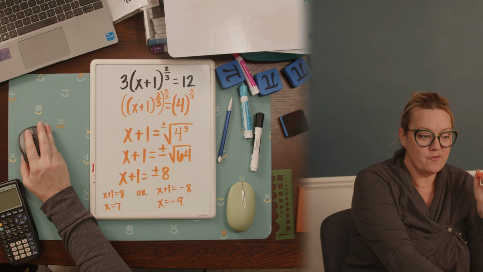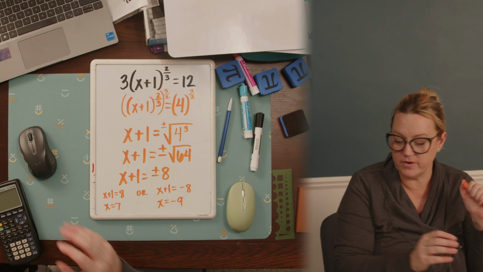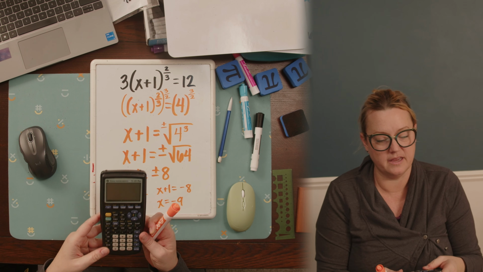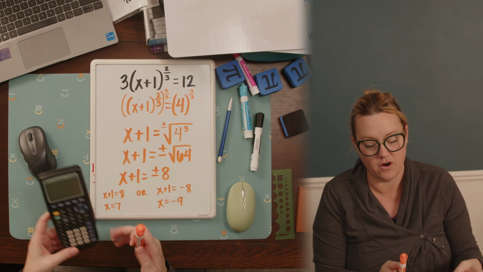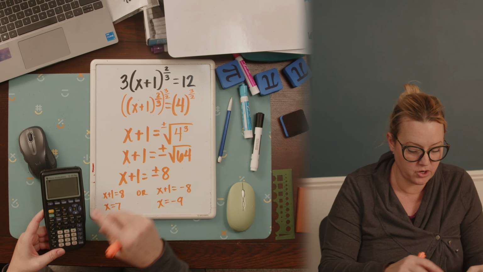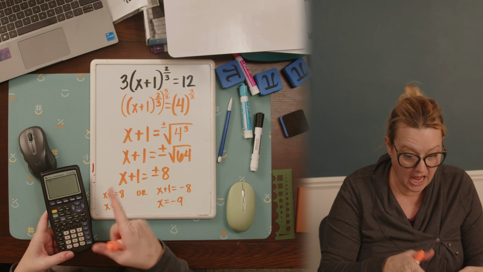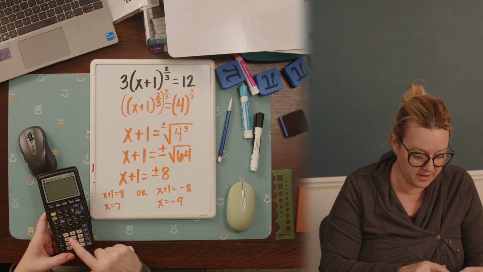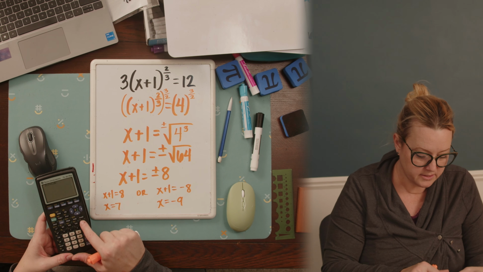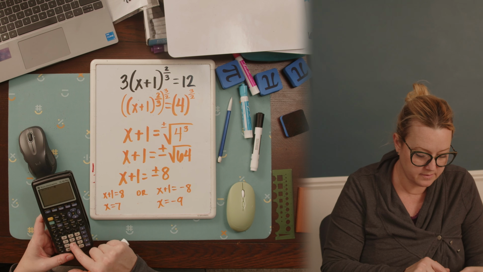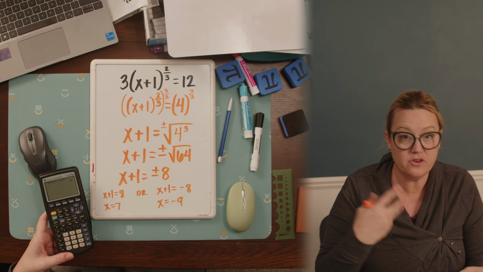If we plug it back in, and it's easiest to just do this on your calculator, you would go 3 times (7 plus 1) to the 2/3 power, and you get 12.